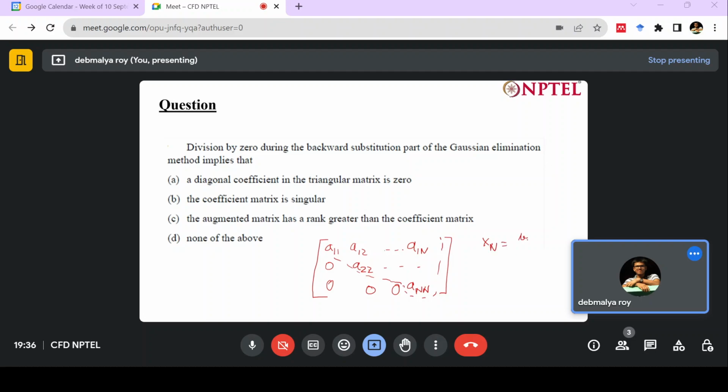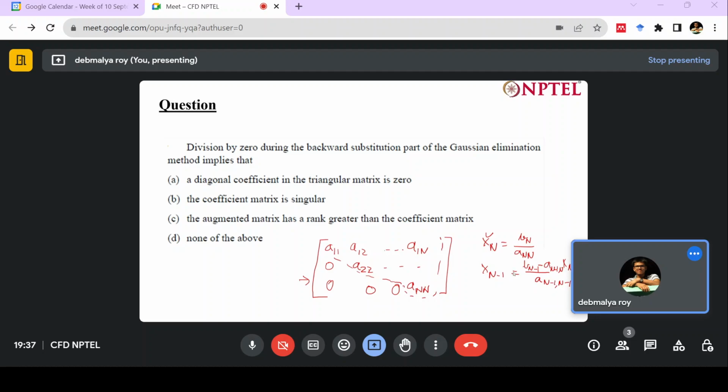Xn will be bn divided by an, and then we will substitute this xn into the second last equation and find xn minus 1. So it will be bn minus 1 minus a n minus 1 comma n times xn, divided by a n minus 1 comma n minus 1.